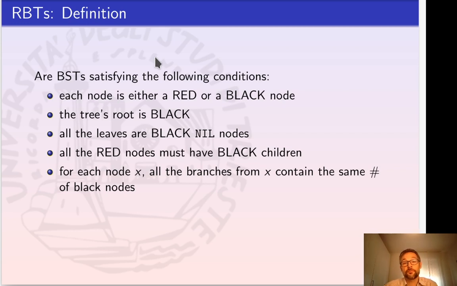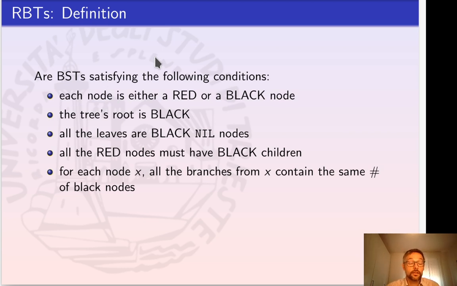However, we are moving from BSD, which has had some nice ideas, to a new kind of data structure called red-black tree. So what's a red-black tree? A red-black tree is basically a binary search tree in which each node is either red or black. This is just a property, it doesn't mean anything.